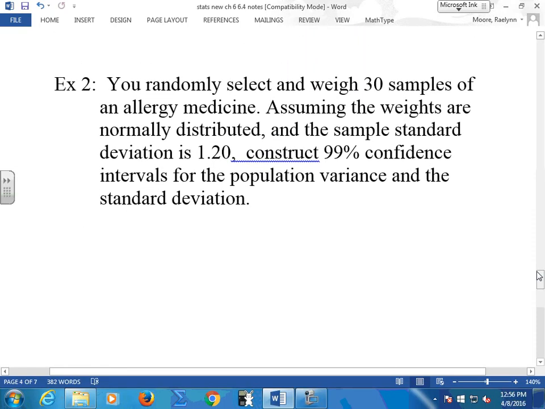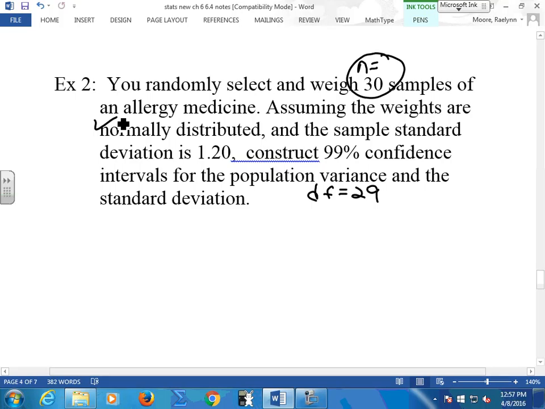Here's one. You randomly select and weigh 30 samples. What does 30 represent? N. So degrees of freedom are 29. Assuming that the weights are normally distributed, even though we're not using a normal curve, they need to have a normal distribution. You're given the sample standard deviation, 0.02. What letter do I use to represent this?